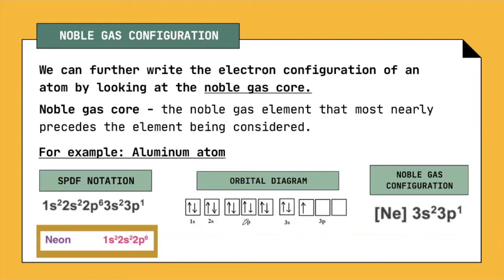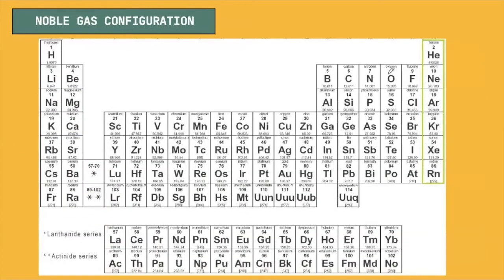Just to review what we tackled last time as to why we write it this way, what would the noble gas configuration of the aluminum atom be? Why is that so? This is the SPDF notation of neon, and if we look at the periodic table, the example is aluminum, the aluminum element.